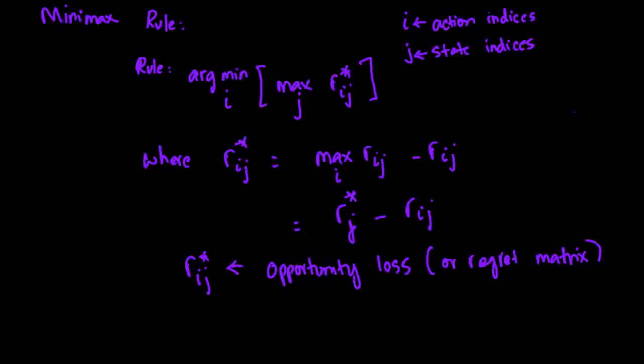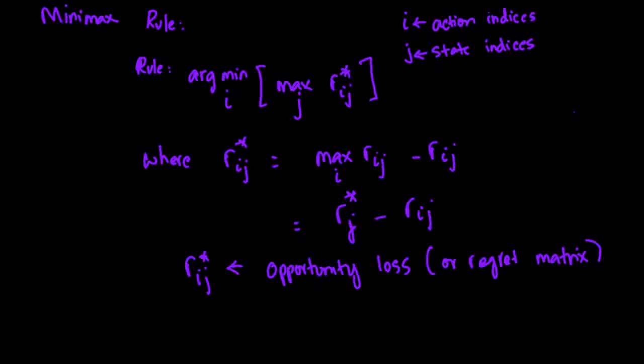So what we'll try to do is, for every given state, which would be in my columns, I'm going to find the maximum reward that I could get for that state.